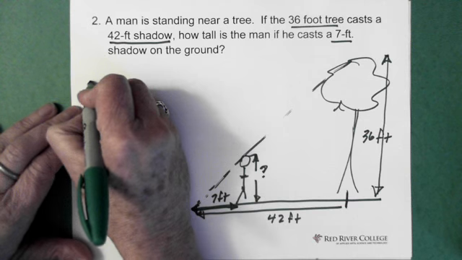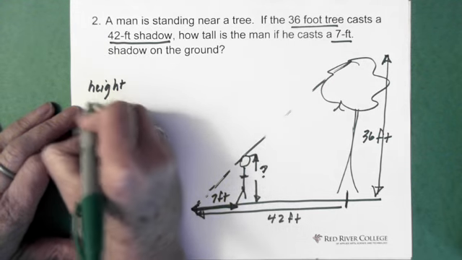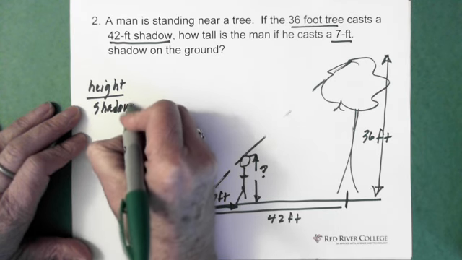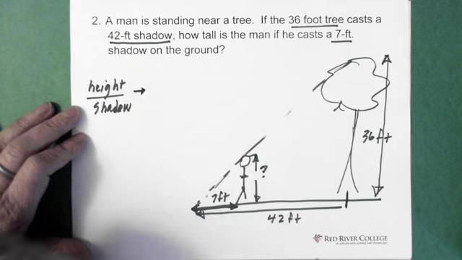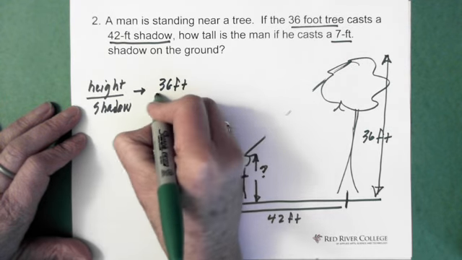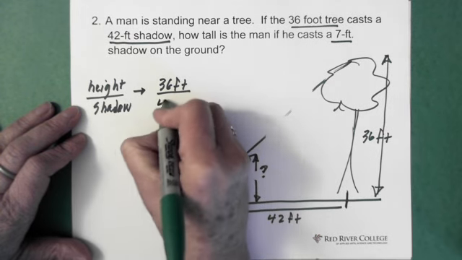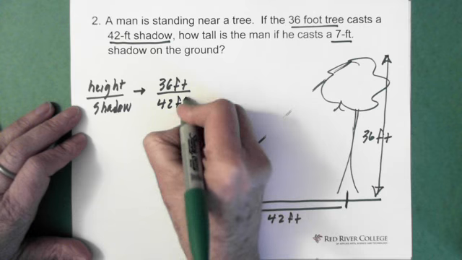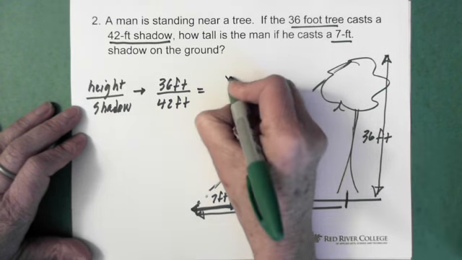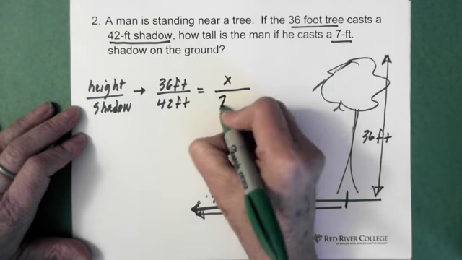So we can set this up as height divided by shadow. The height of the tree is 36 feet. The shadow of the tree is 42 feet. The height of the man is the unknown. The shadow of the man is 7 feet.